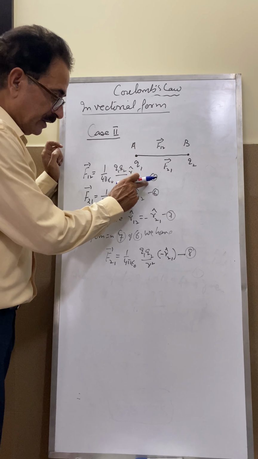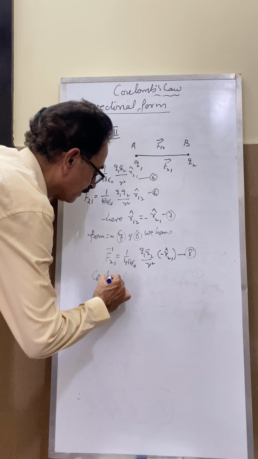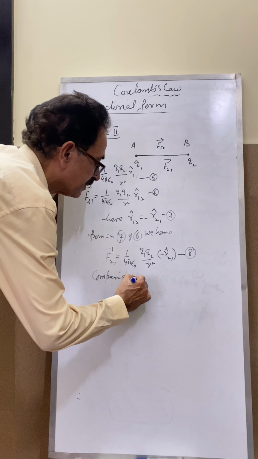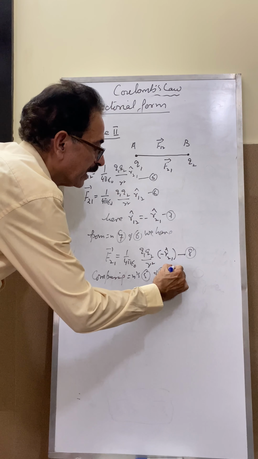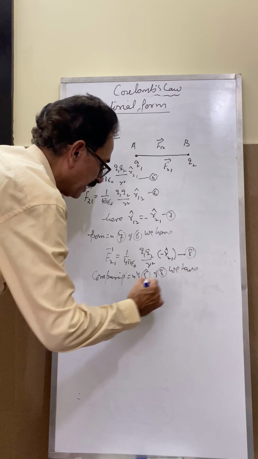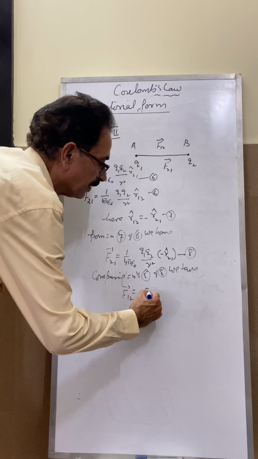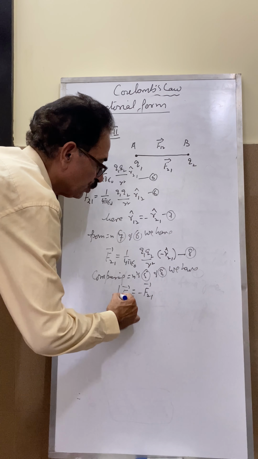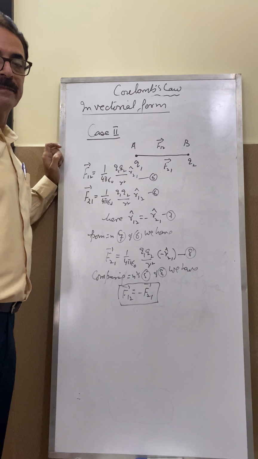When we compare equations 5th and 8th, we have again F12 is equal to minus times F21. So these two forces are again equal in magnitude but opposite in direction.